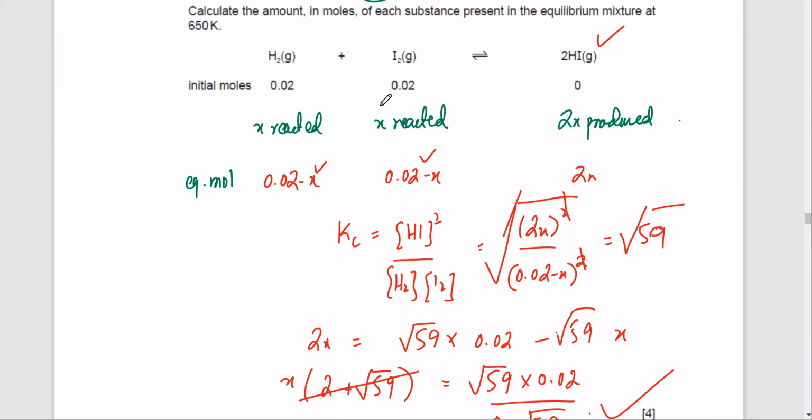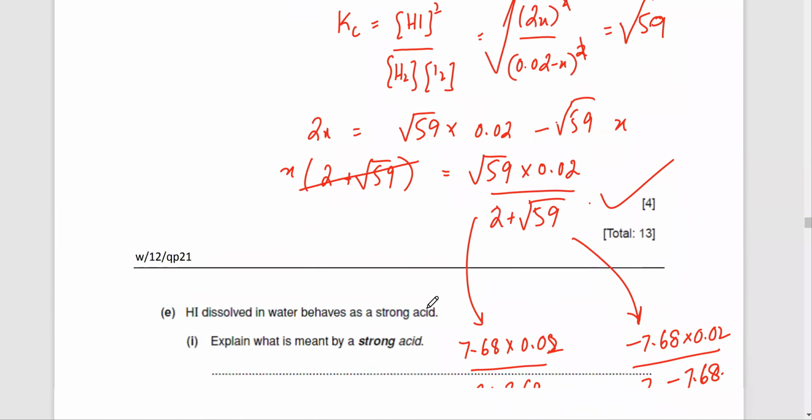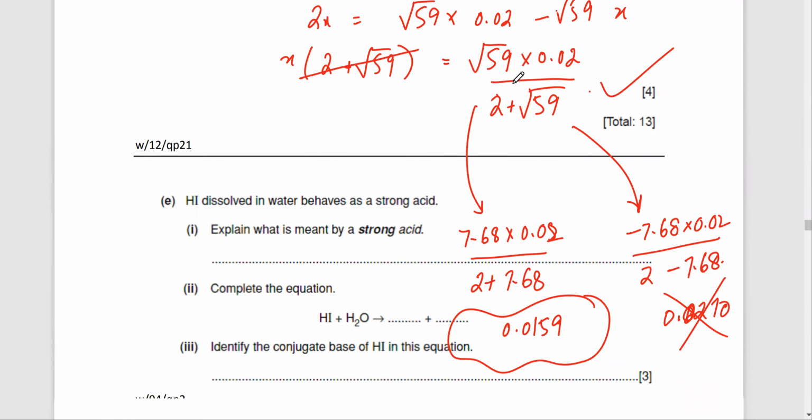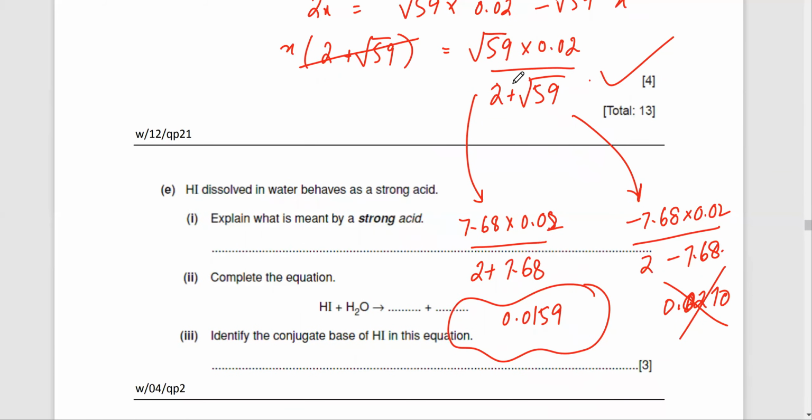And you have to make sure at the end of the day, find those equilibrium moles. Okay? A lot of people, this is very common, they just find the value of x and they just leave the question over there. The equilibrium moles need to be found out.